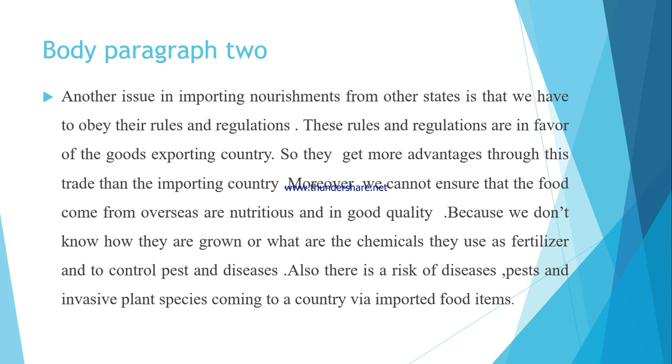So they get more advantages through this trade than the importing country. Here I have used the word nourishments instead of writing food. So use synonyms when you are writing the essay.